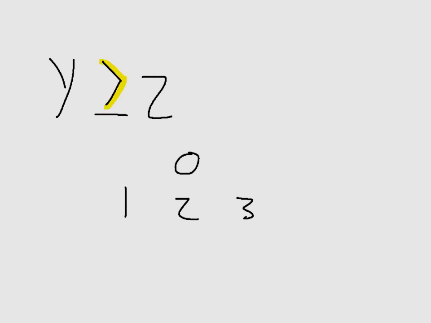So if it's pointing to the right, my line needs to go to the right. So I'm going to draw my line to the right that way. And then what do I notice about this inequality sign? It needs to be what? Filled in, because we see the greater than or equal to. Okay?